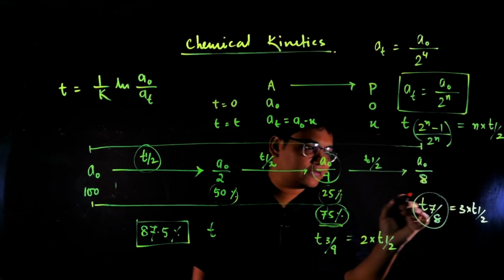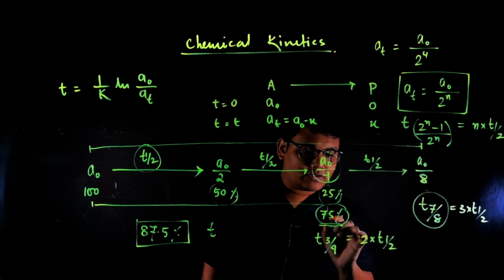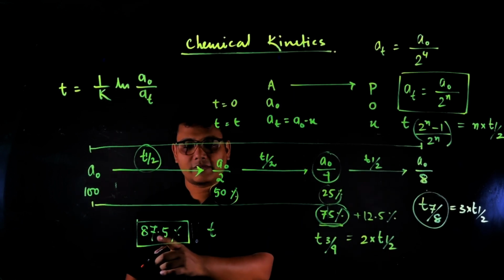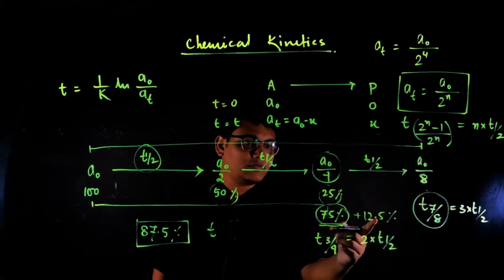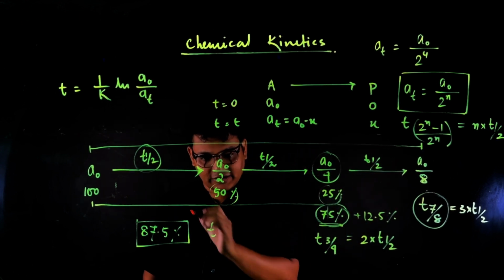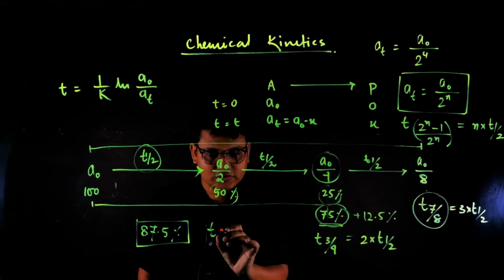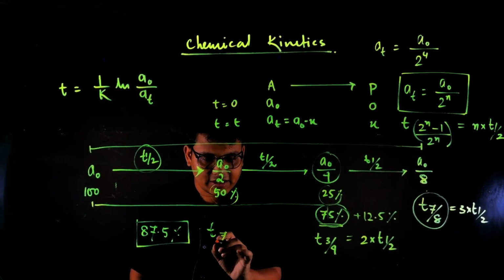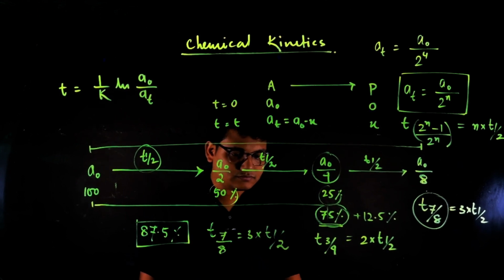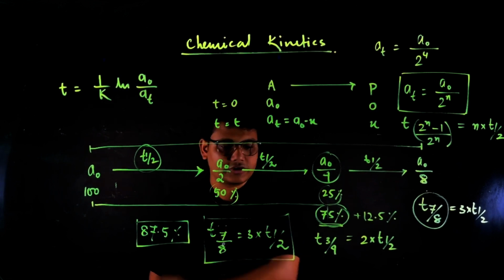Now from here another 12.5% will be completed, so 75 plus 12.5 will be 87.5%. So 87.5% is actually 3 t half. So n equals 3, so t 7 by 8 is 3 into t half.